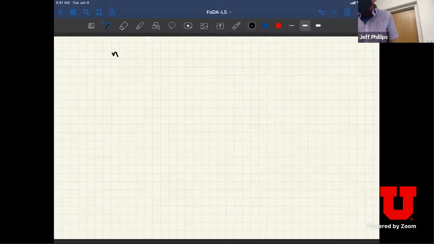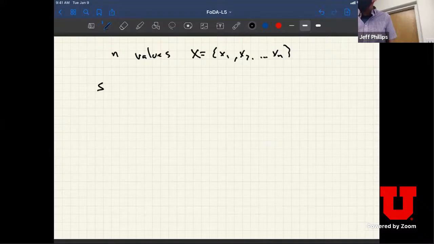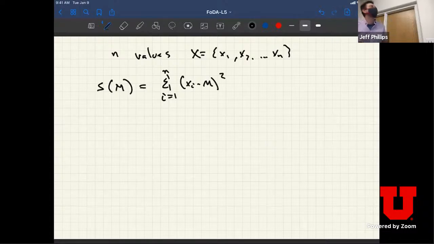But again, let's say I have n values, x1, x2 up to xn, and I want to have a function s of m for some possible value m. Let's use m here, that's what we've been using. I'd like to find the value m which minimizes this expression, right?